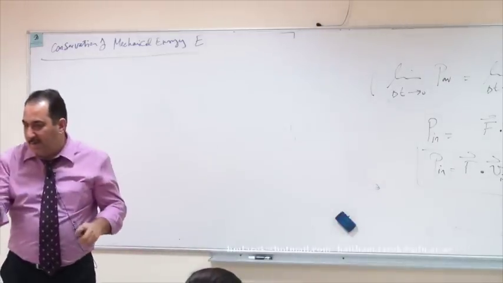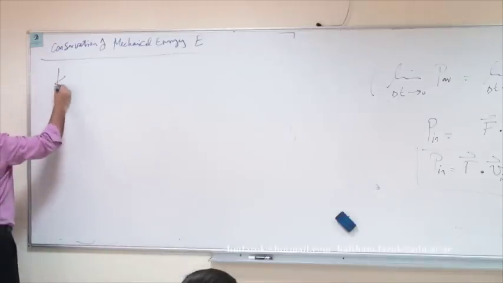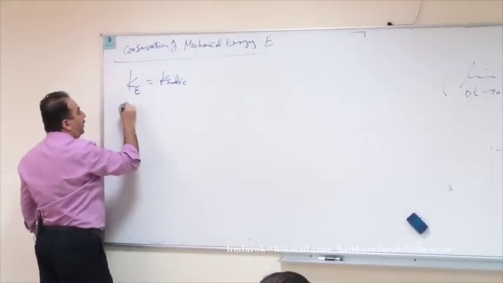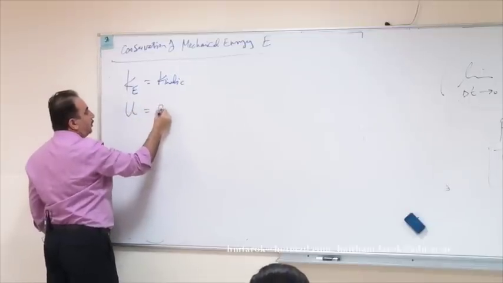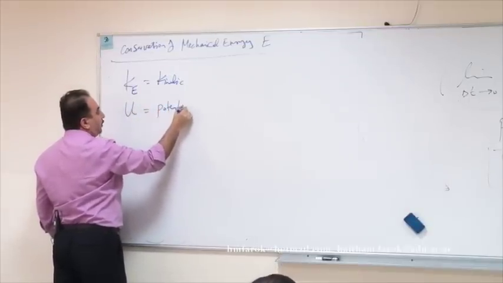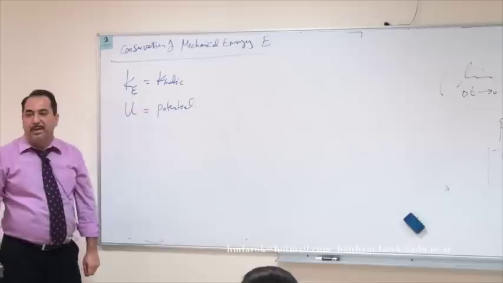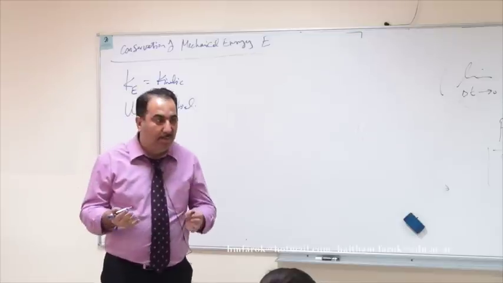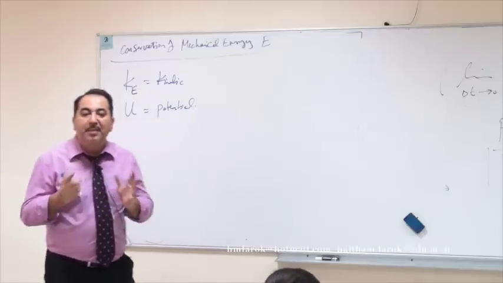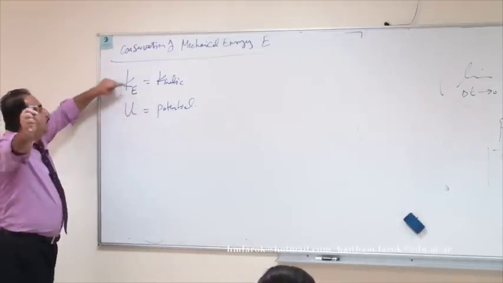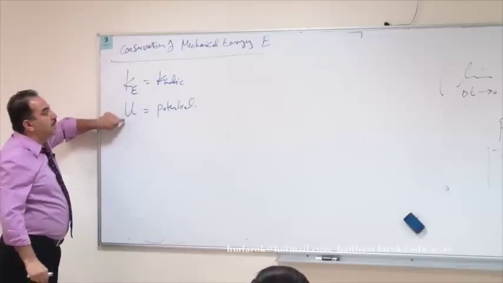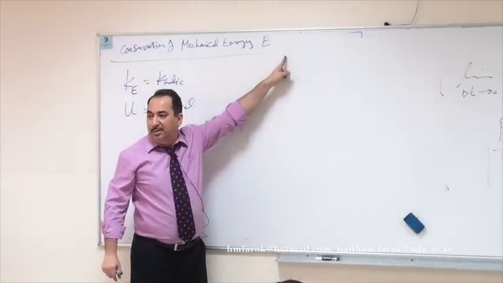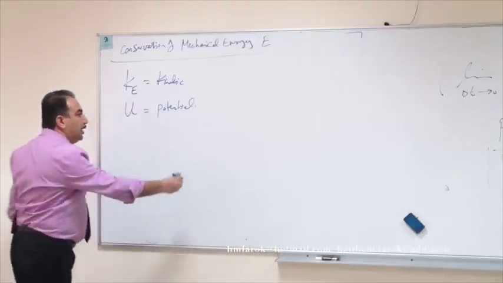Two. Potential and kinetic energy, U for potential. Now, if you have a mechanical system, not electric, not chemical, in a mechanical system, when you add the kinetic energy to the potential energy, we call it mechanical energy, the total energy. So here is how we define it.